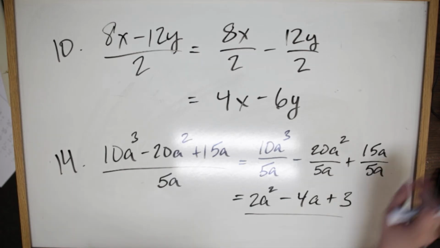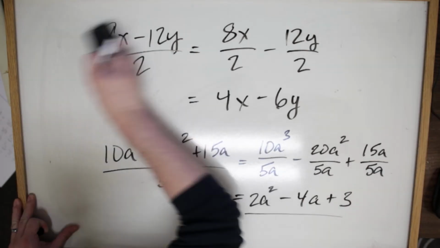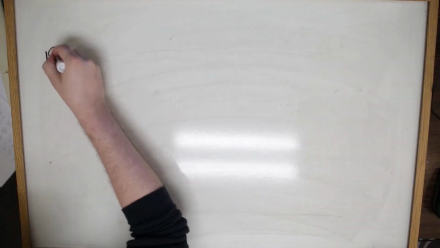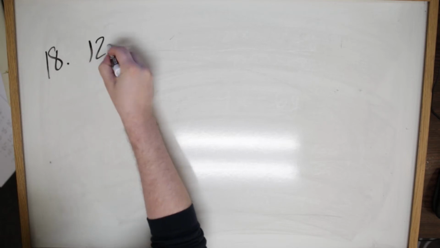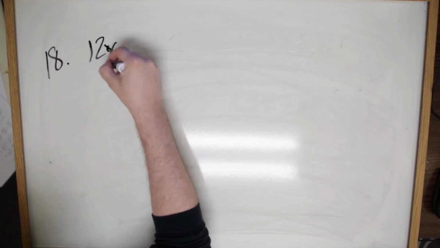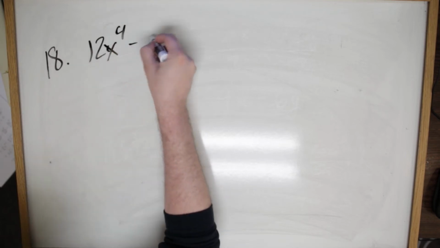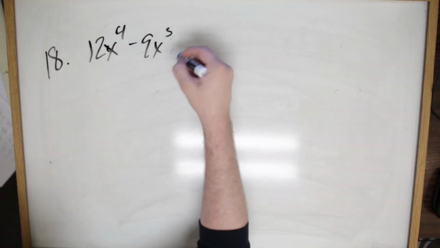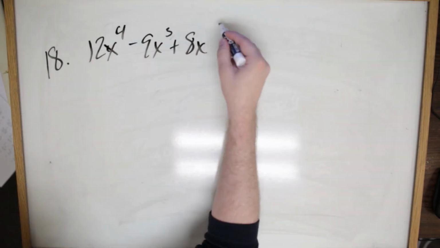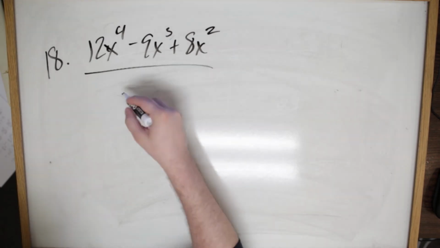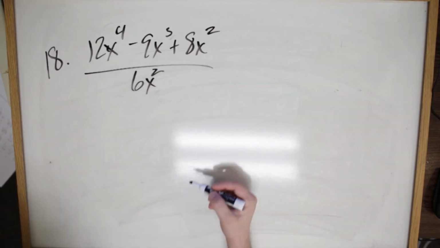Okay, let's do one more. Question number 18. 12x to the fourth minus 9x cubed plus 8x squared all over 6x squared.